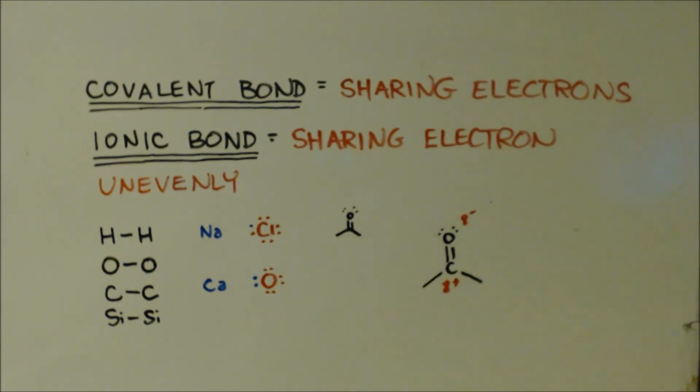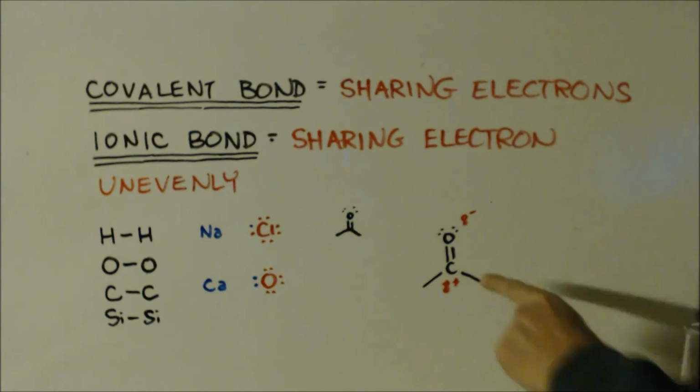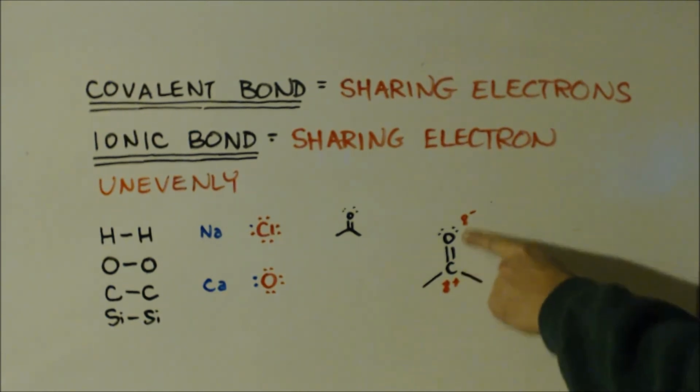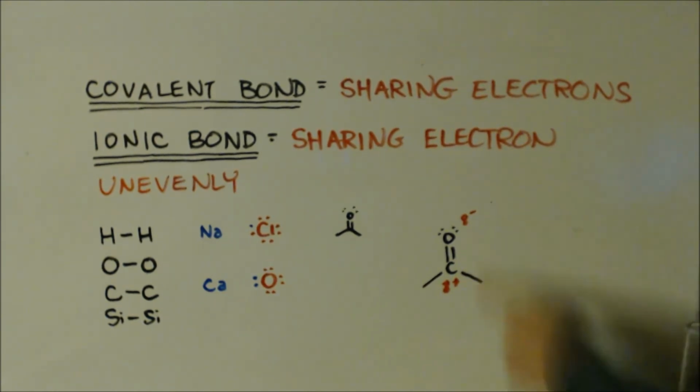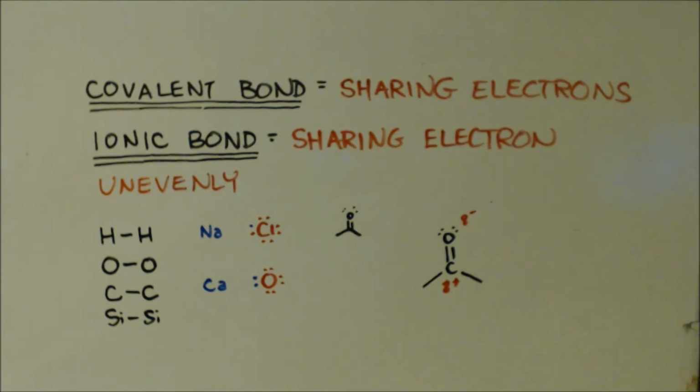Here's a drawing of a picture of acetone. I drew it up bigger here so you can see the carbon and the oxygen. Which one's more electronegative? The oxygen, according to the Pauling scale, right? So if this is more electronegative, that means it's going to hog the electron more.